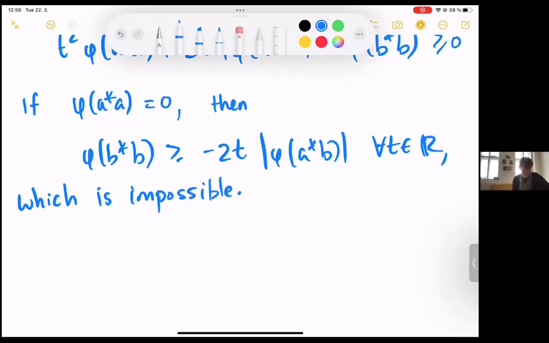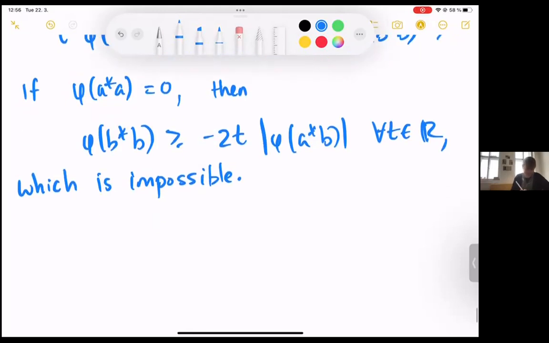So we can assume that phi of A star A is non-zero.